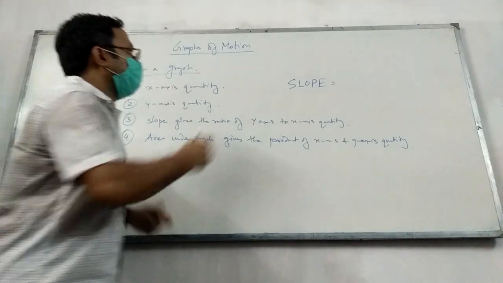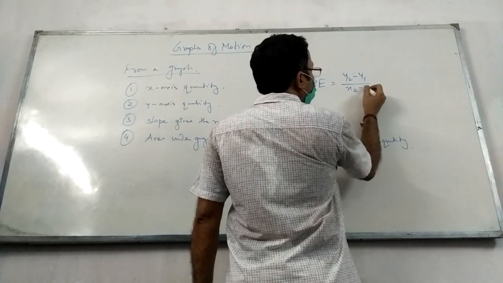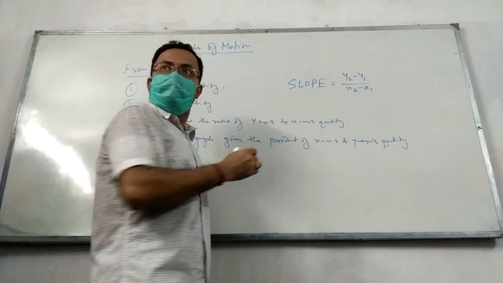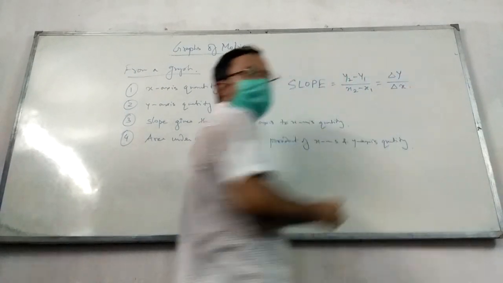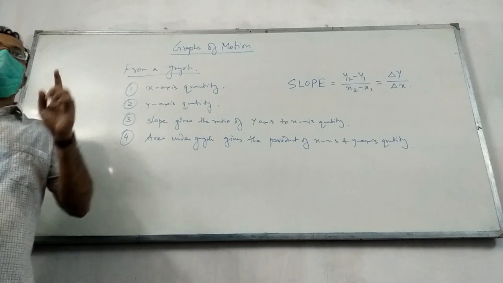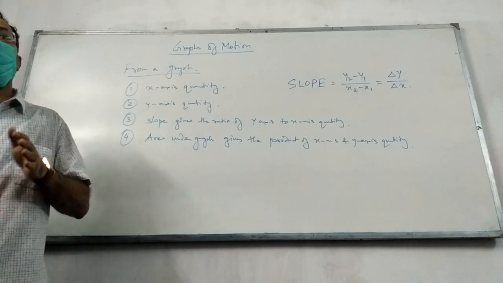Let's see. One important thing, slope quantity. How did you find it? y2 minus y1 by x2 minus x1, right? So can I say this is delta y by delta x? So slope always gives us the rate of change, the average rate of change.